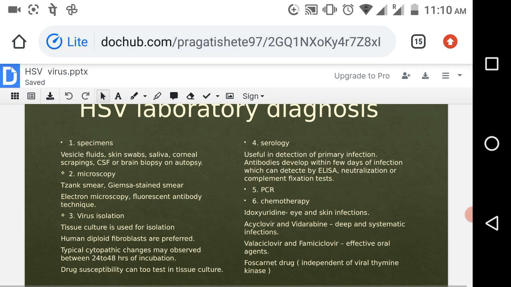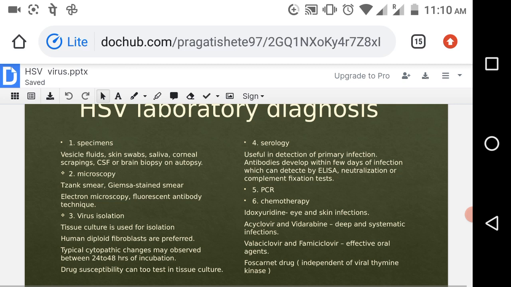Now in microscopy, we have different methods of making the smear. So first one is which? The Tzanck smear. Okay, the Tzanck smear is a very rapid method, fairly sensitive and inexpensive, okay. Now what steps are there to make the smear?